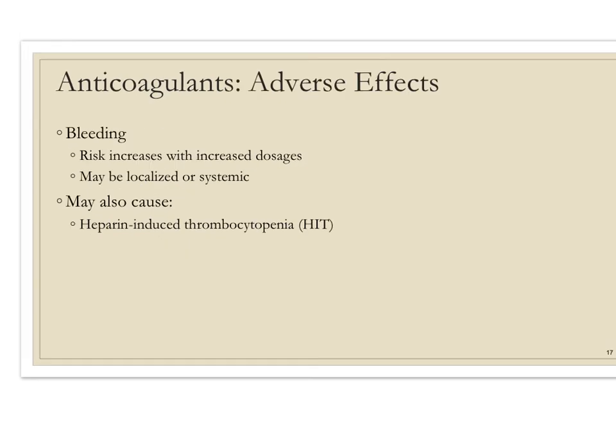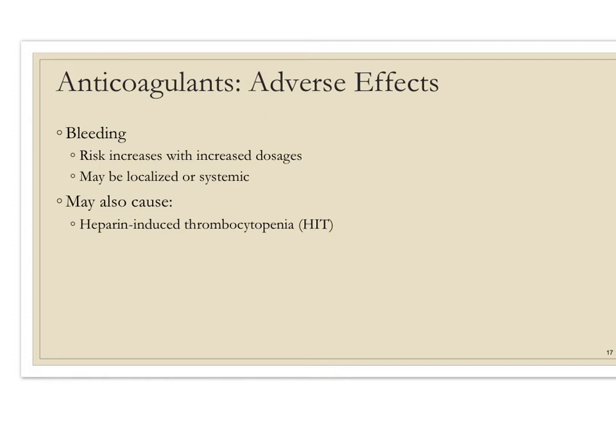In general, when someone is on an anticoagulant, your considerations are the fact that they're obviously at risk for bleeding. And so we want to make sure that we're aware of that, and that it is passed along to the patient. The bleeding could be localized, such as gum bleeding, or it could be systemic, such as a GI bleed.